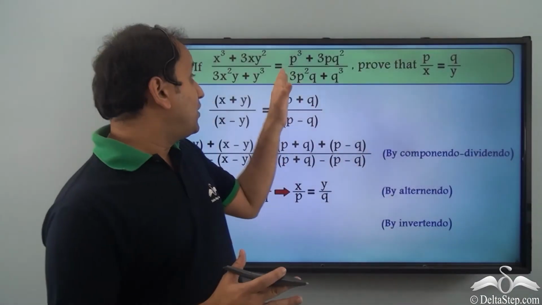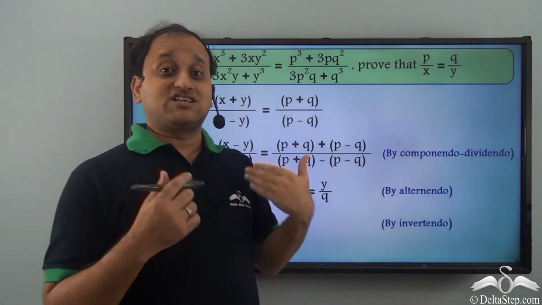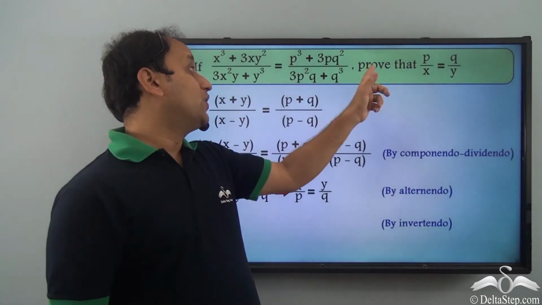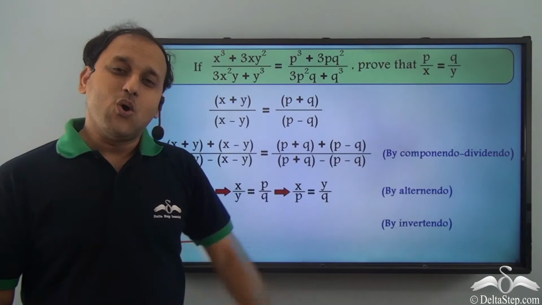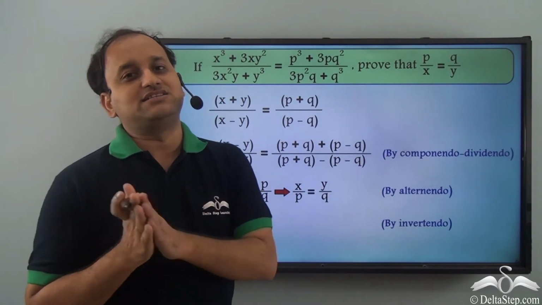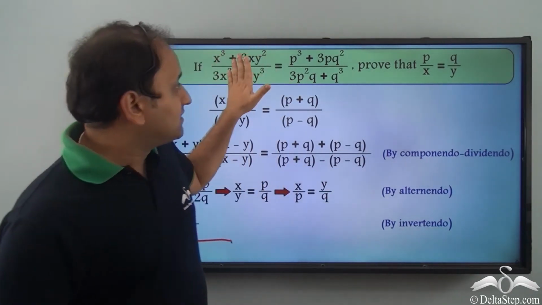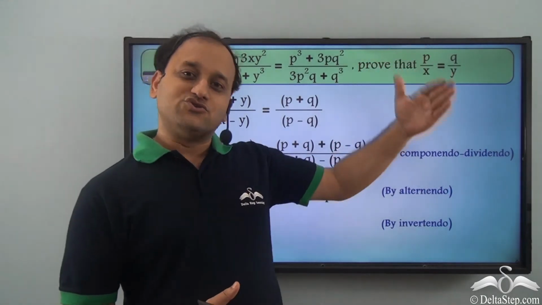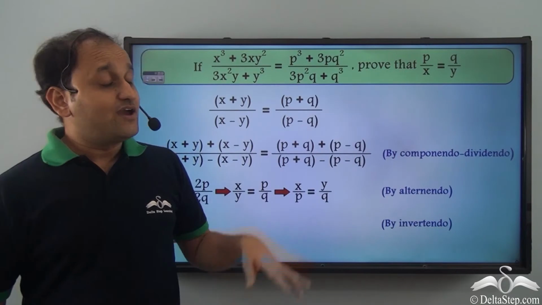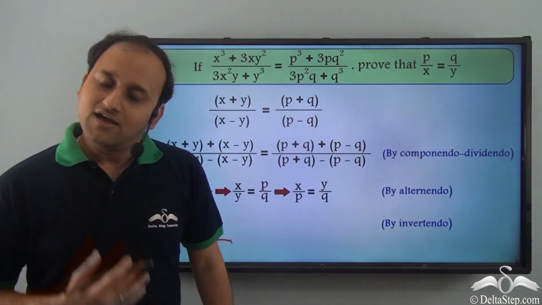The pattern showed that we could easily convert these terms into x plus y whole cube, x minus y whole cube, p plus q whole cube, and p minus q whole cube. So this is very important whenever you solve any algebraic equation. First of all, you need to identify the pattern and then you need to solve it. And once you have solved, then gradually you'll have to identify which are the different properties which you can apply to further simplify the equation.